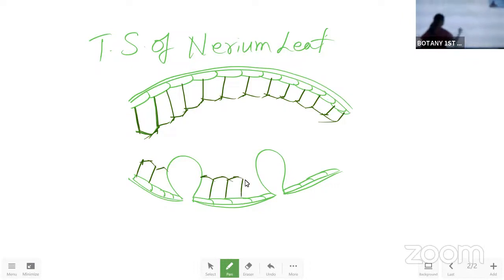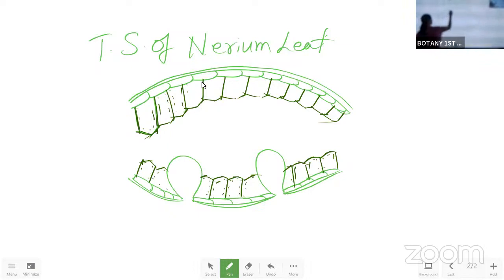This is in the leaf mesophyll tissue. Mesophyll tissue is made up of two types of cells: the spongy parenchyma and the palisade tissue.